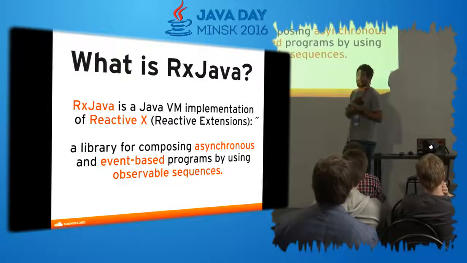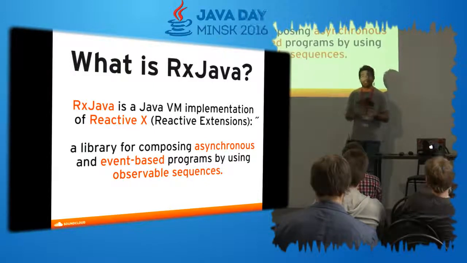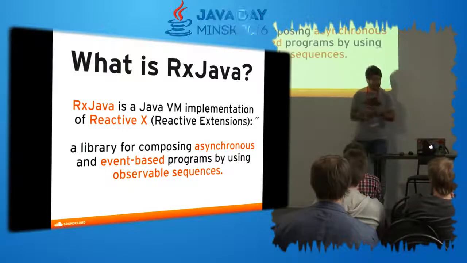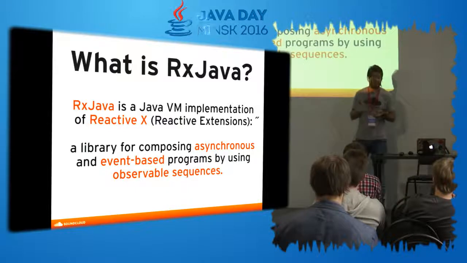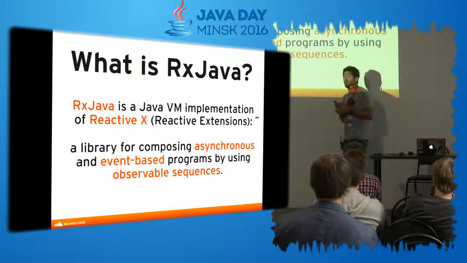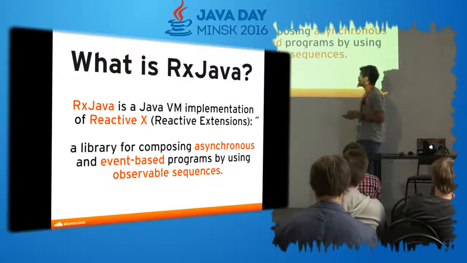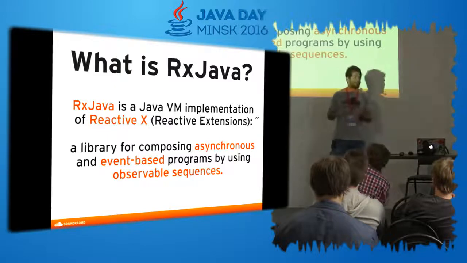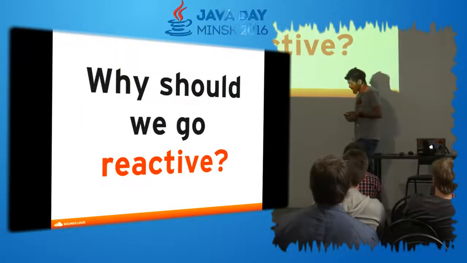And there are a few implementations of that. For example, there's Rx Kotlin, there is Rx Scala, and of course we are going to talk about RxJava here. So RxJava stands for a library, a JVM implementation. It's a library for composing asynchronous and event-based programs by using observable sequences. This might sound a little bit weird in the beginning, but yeah, let's continue.